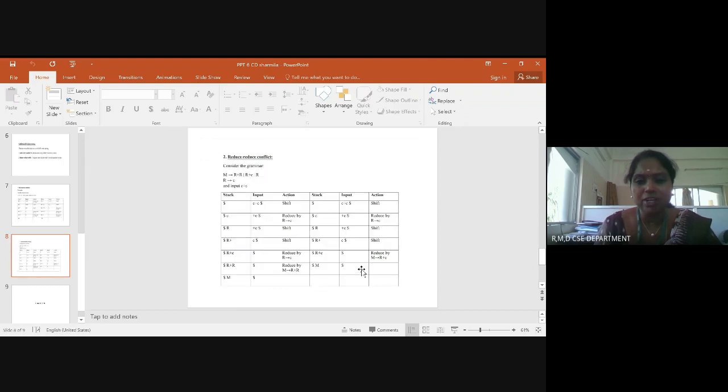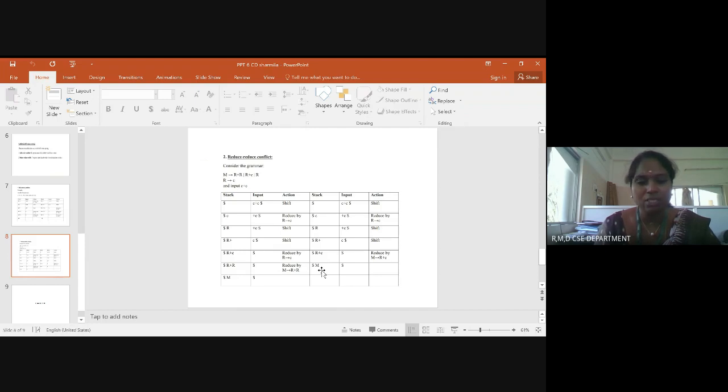Now the reduce conflict: here we can apply two different productions, either R plus R or R plus C. We have two different reduce productions, so we have a reduce conflict.